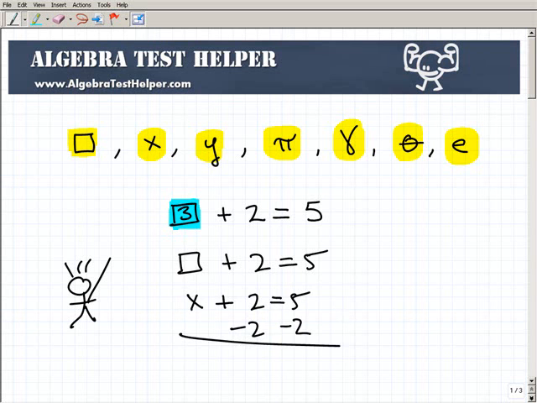But in algebra and beyond, generally speaking, the variables you're going to be using are lowercase letters: x, y, z, things like this. e and pi are reserved for really important numbers. And then in trigonometry and in calculus, we use some other types of variables that come up.